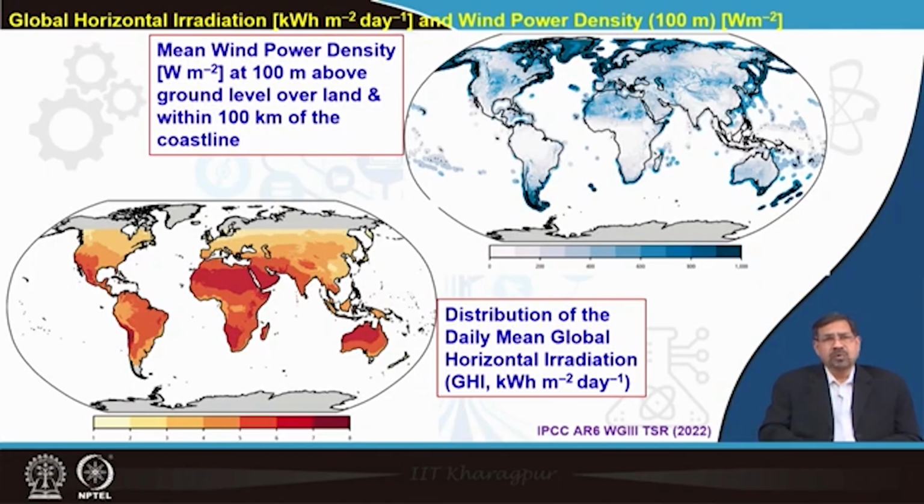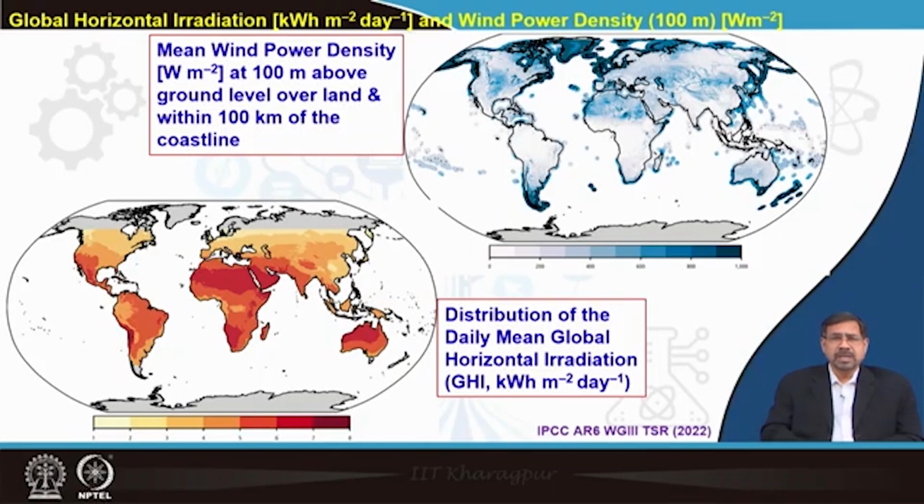If you focus, you will see the maximum is towards the equator, dominantly Africa and part of the Saharan region and Western or Southwest Asia. Also on the northern part of Australia, the southern tip of Africa and the west central portion of South America, the distribution of the mean global horizontal irradiance, we call it GHI, is at its maxima.